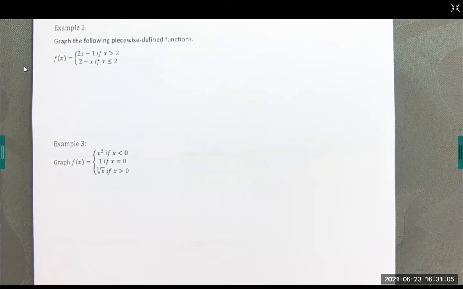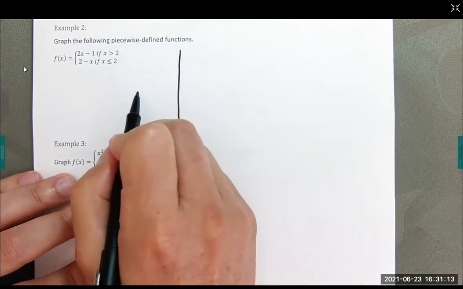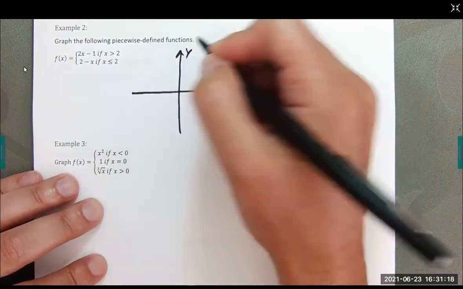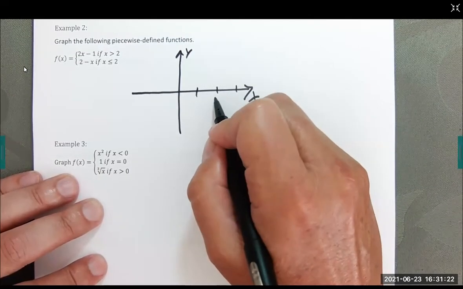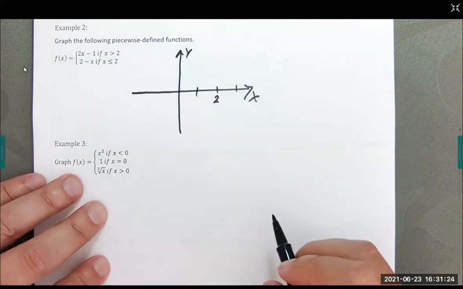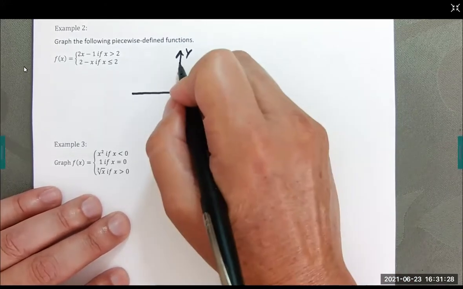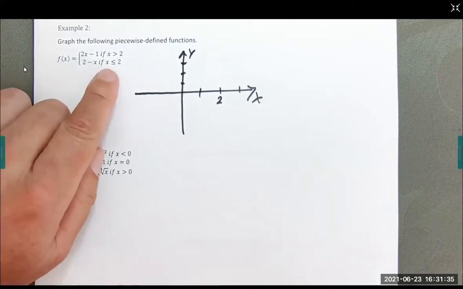All right, so we're going to graph this piecewise function. The magical number here is when x equals 2. So let's start with the negative ones first.